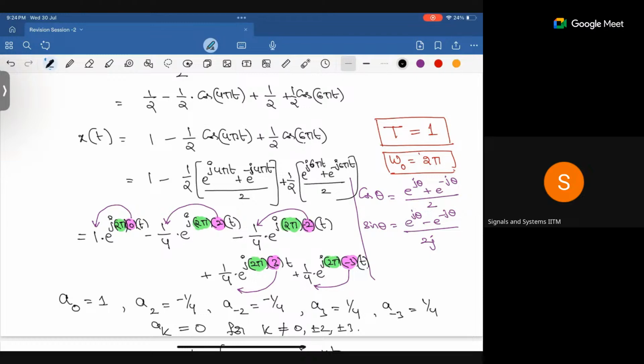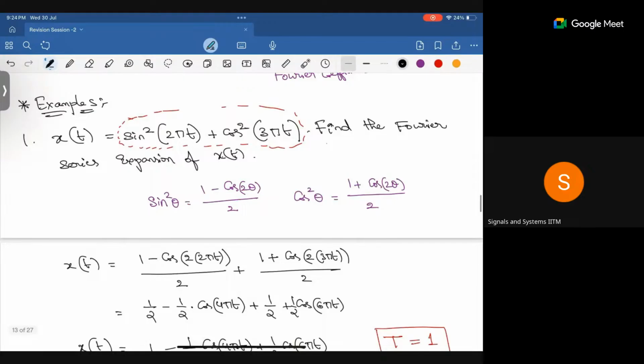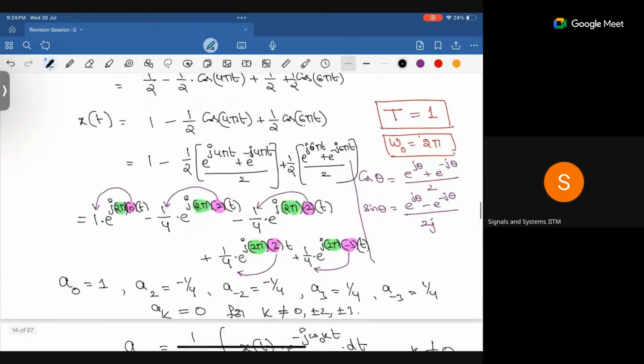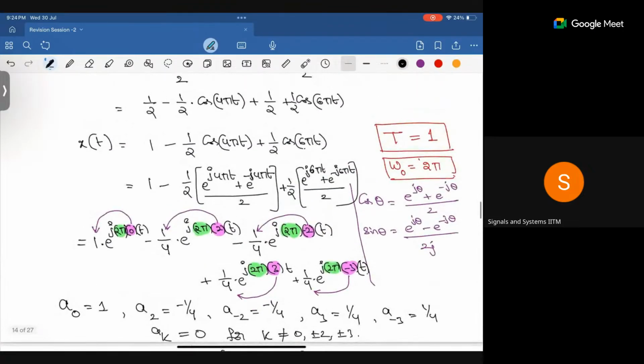Actually, they asked us the Fourier series expansion of x of t, but we have also computed the Fourier coefficients. I hope this is clear, right? Can I move forward? Yes, sir.